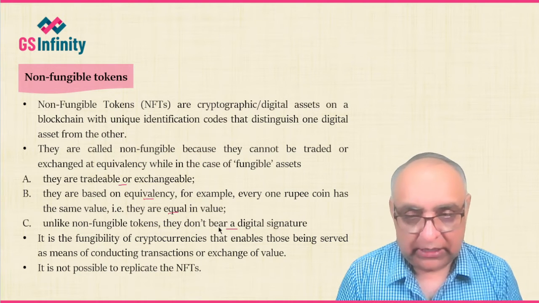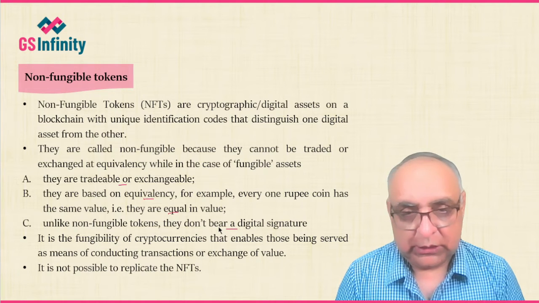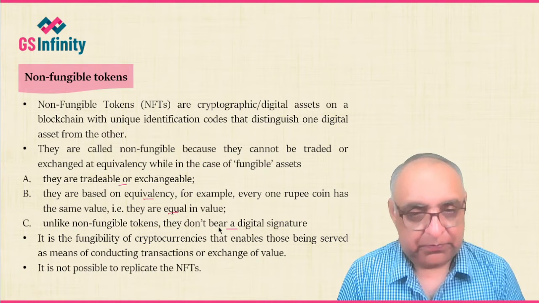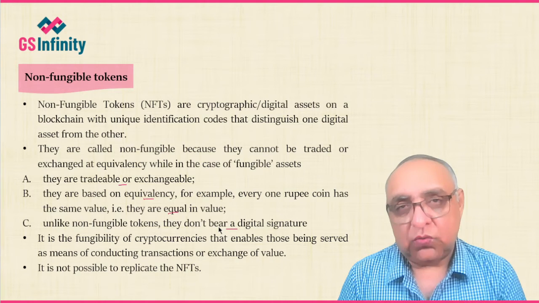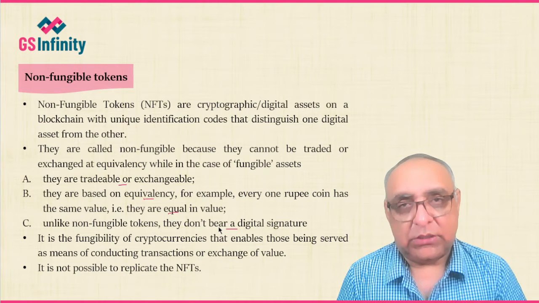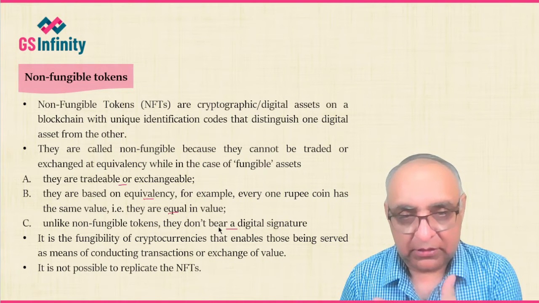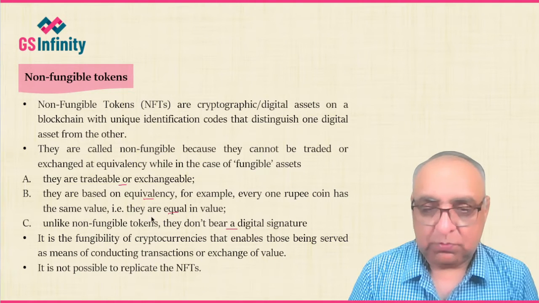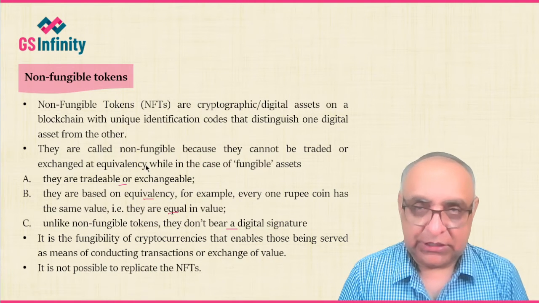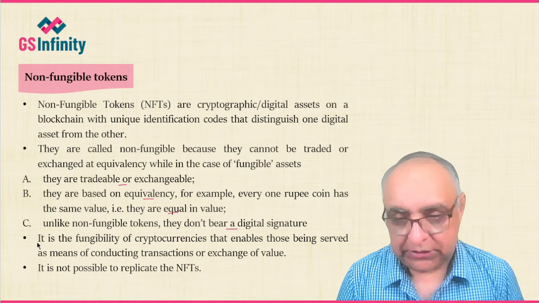Moreover, non-fungible tokens are not based on equivalency, because similar assets will not have the same digital value. So that is the point here. They cannot be traded or exchanged. So that is the point.